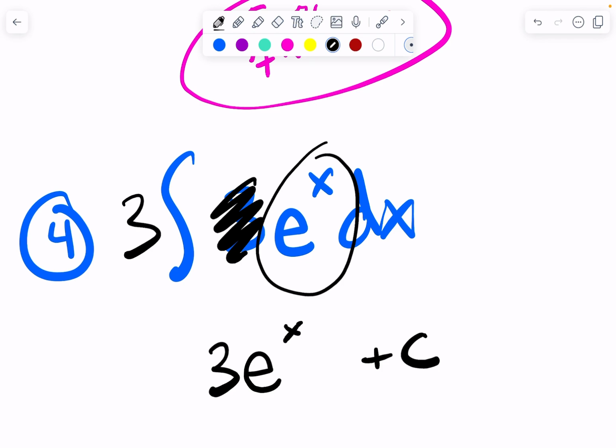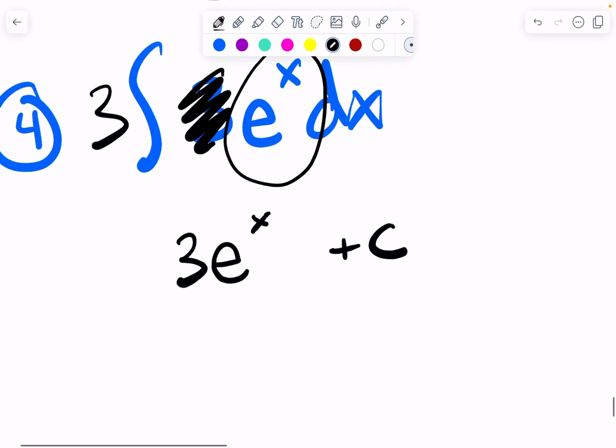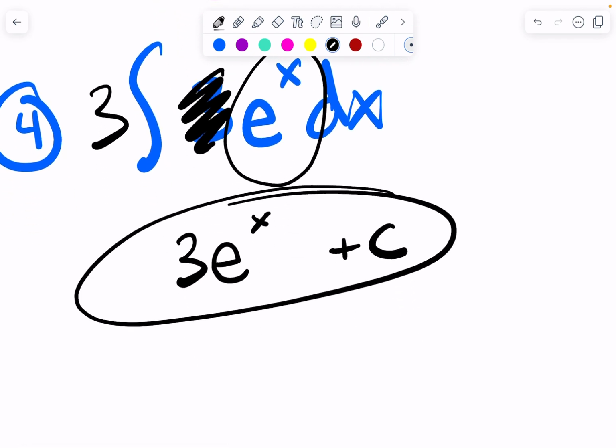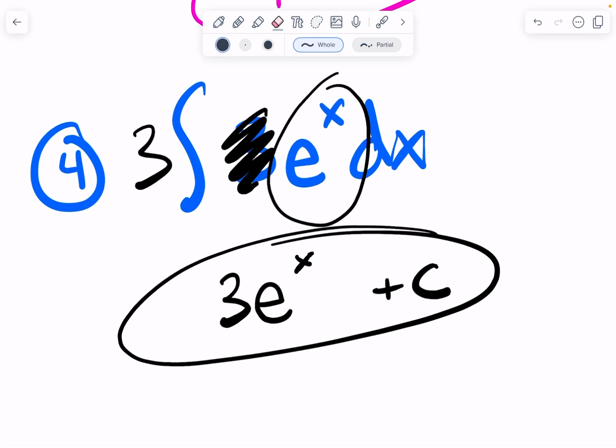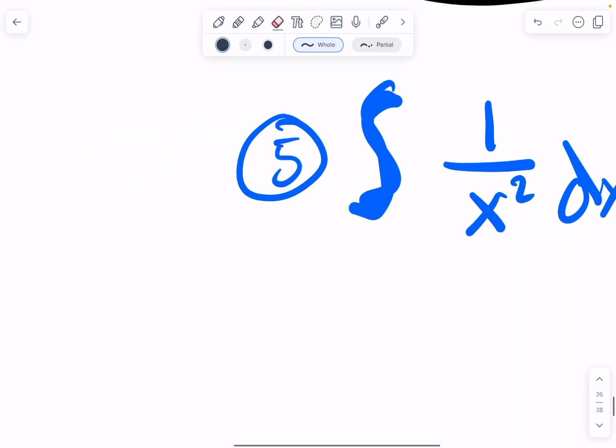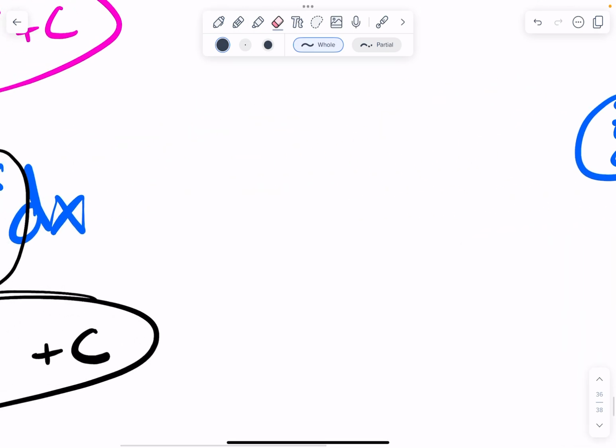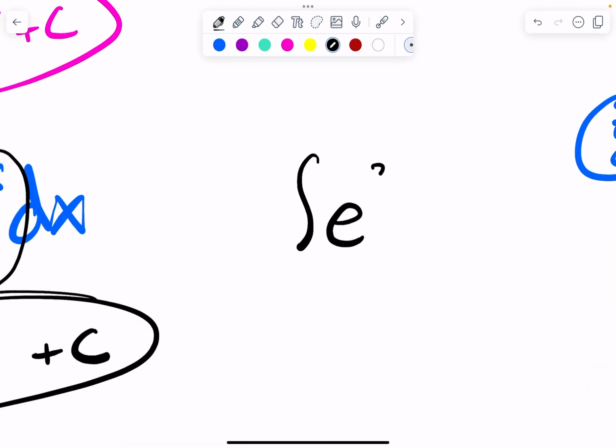So that was kind of an easier one, maybe, just because e to the x is its own derivative and antiderivative. Now, it gets complicated when you have something like e to the 2x. That's not necessarily going to be e to the 2x, right? So that's where it gets a little hairy. But this one for now is okay, okay? How would you do the antiderivative of e to the 2x?